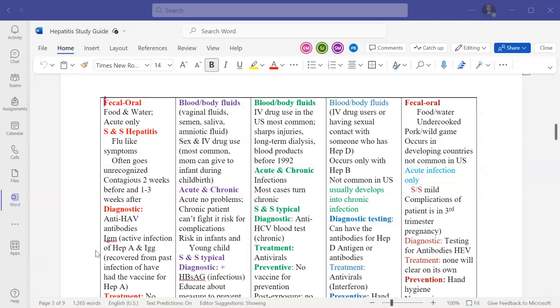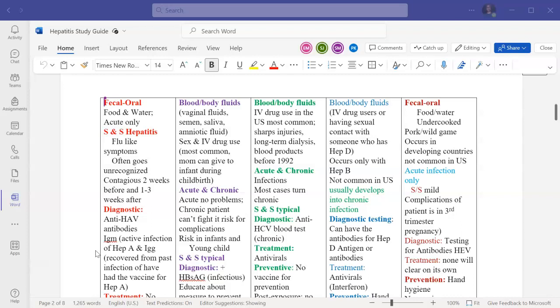So how is hepatitis A diagnosed? They're going to use those specific serological markers, and each hepatitis has its own. So the sero marker for hepatitis A is going to be a Hep A. They're looking for the anti-Hep A antibodies. And if it's positive, then that means that that patient has hepatitis A.